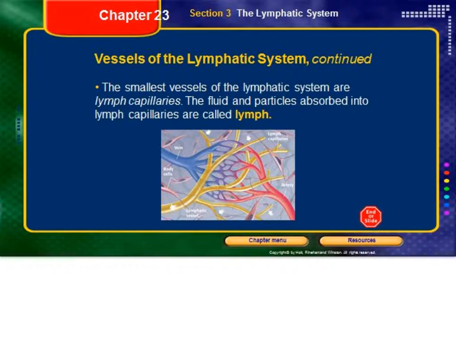I'll find a different color. Green. Okay, we have a cell here. The cells are here, and those blood capillaries supply the cells with blood.